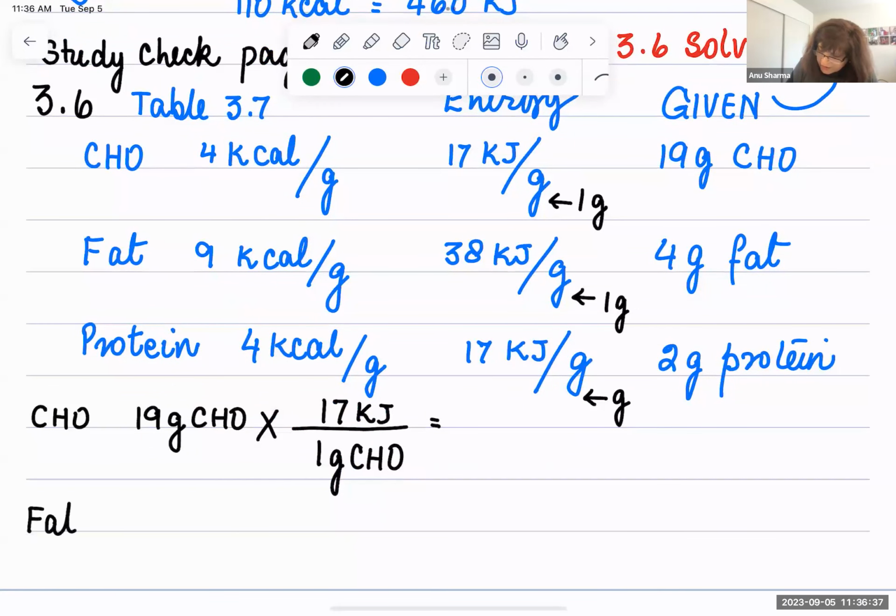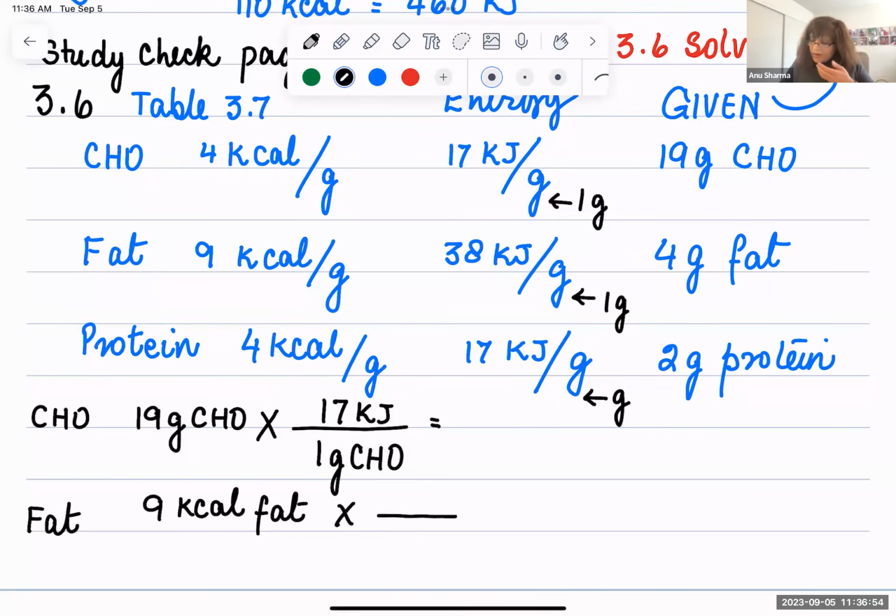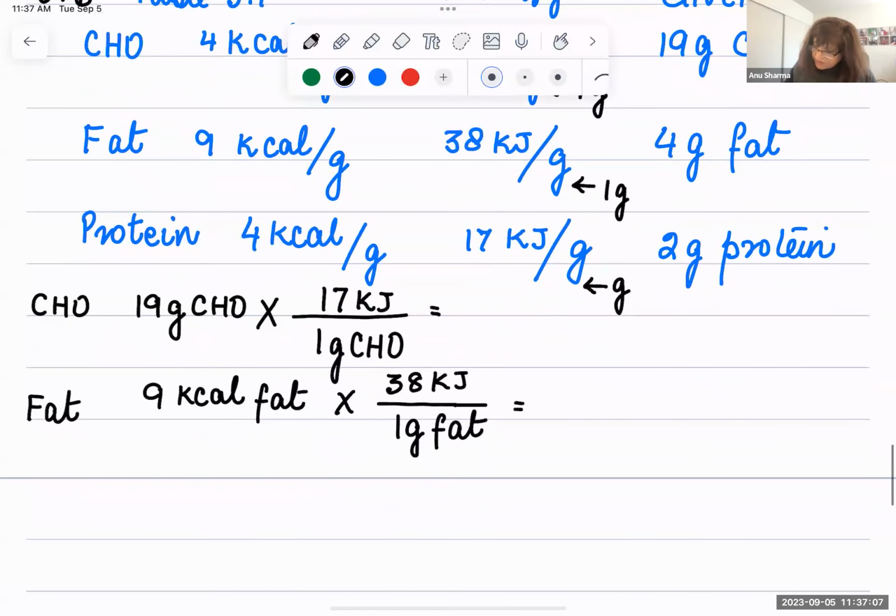Similarly, let's look at the fat. 9 grams of fat times what is given: 38 kilojoules coming from 1 gram of fat. Whatever you get here, you write that.